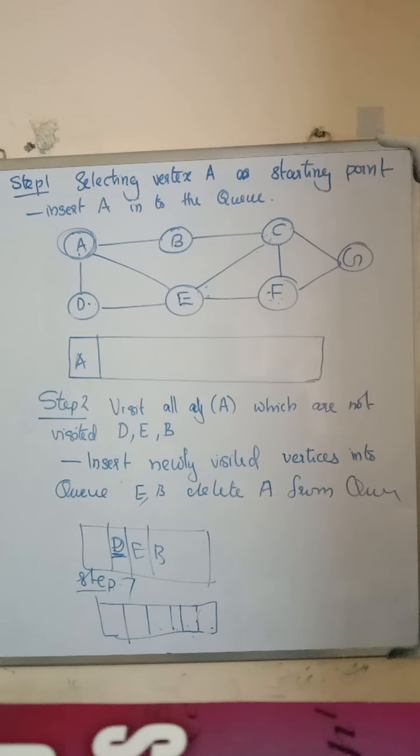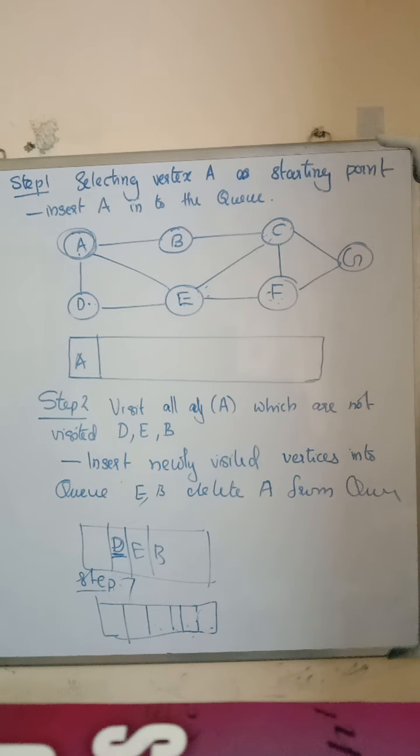Now the queue becomes empty, so the BFS process ends. The final BFS spanning tree is obtained by removing unused edges.